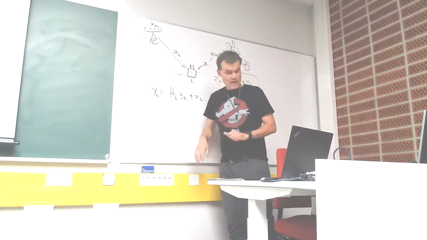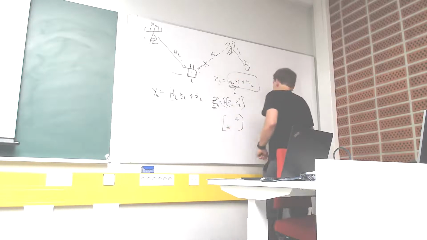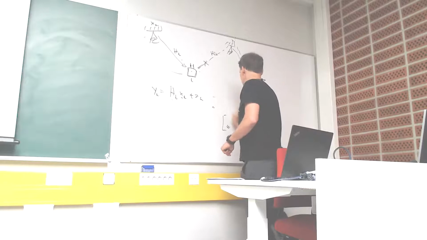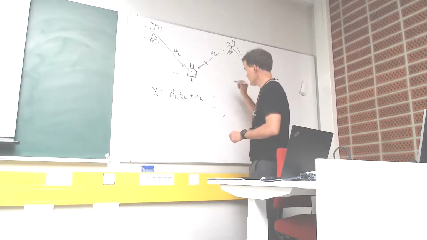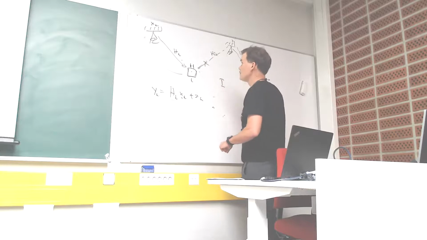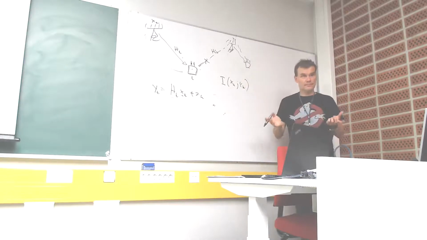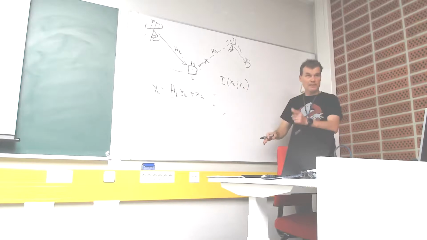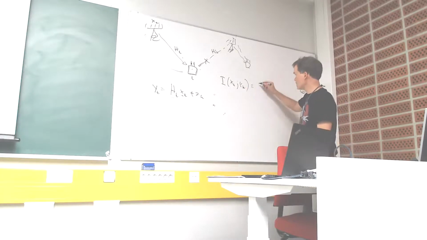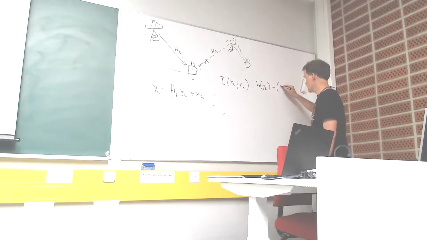So we can now write the mutual information between xk and yk, and we maximize this mutual information. That's the capacity. We can write it as always: differential entropy of yk minus differential entropy of yk given xk, and then plug and play.